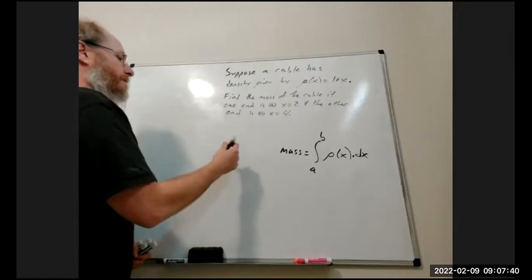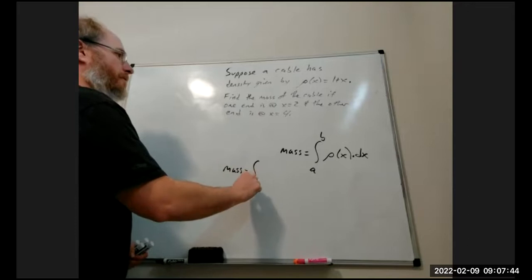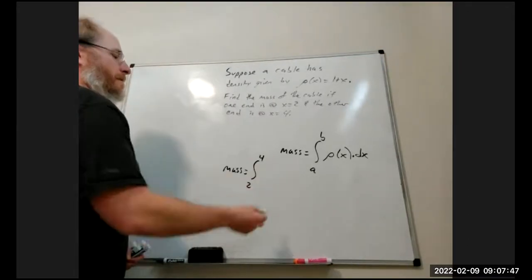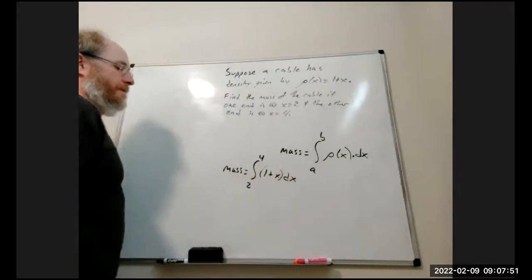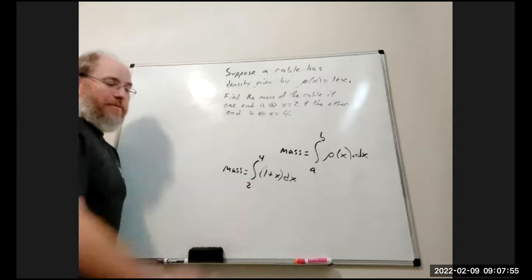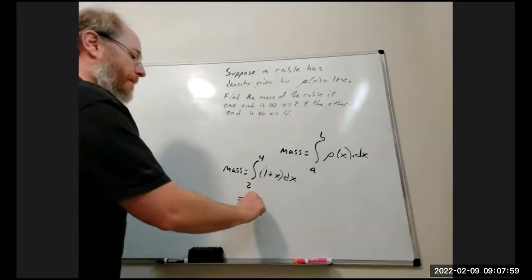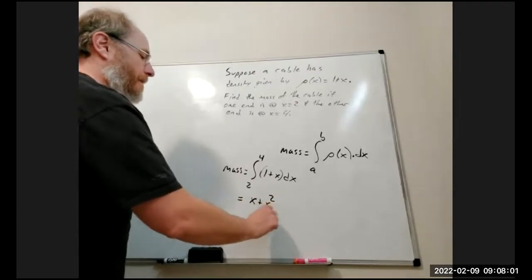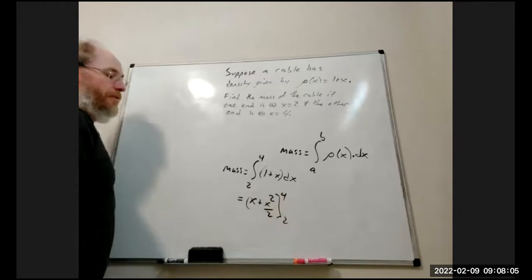So in this case, the mass is going to equal the integral from 2 to 4 of 1 plus x dx. I literally just put the density in there with my bounds. And this one's going to be fast, right? It's just power rule. So we get x plus x squared over 2 evaluated at 2 and 4.